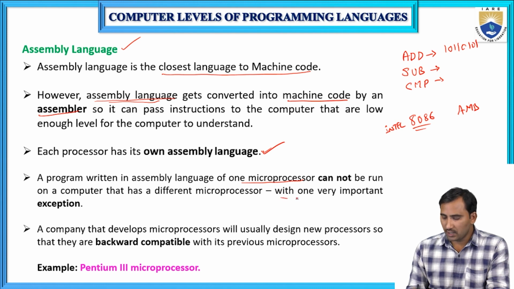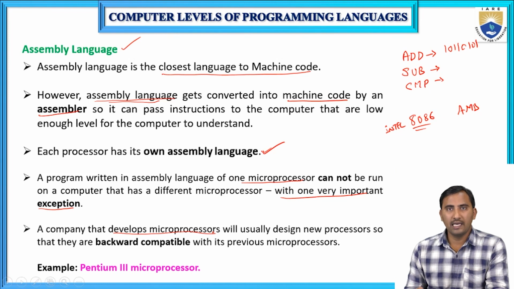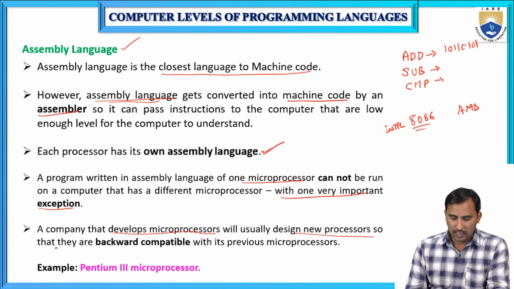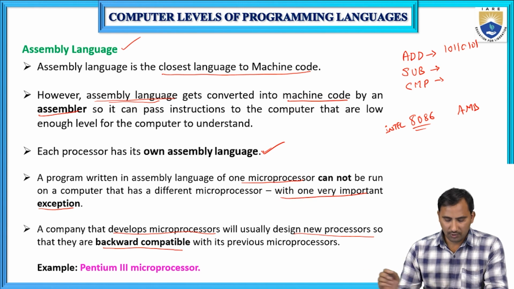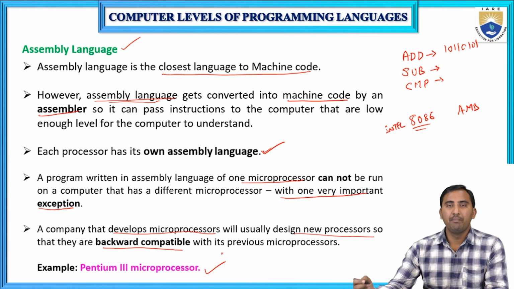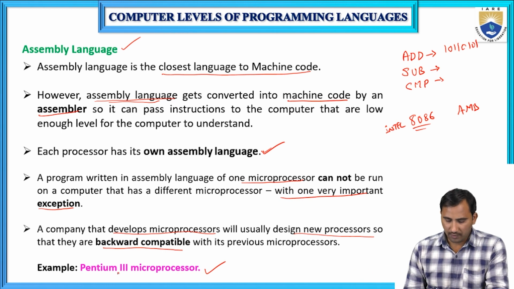But we can use it with one very important exception. A company that develops microprocessors will usually design a new microprocessor so that it is backward compatible with its previous microprocessors. For example, consider the Pentium 3 microprocessor.